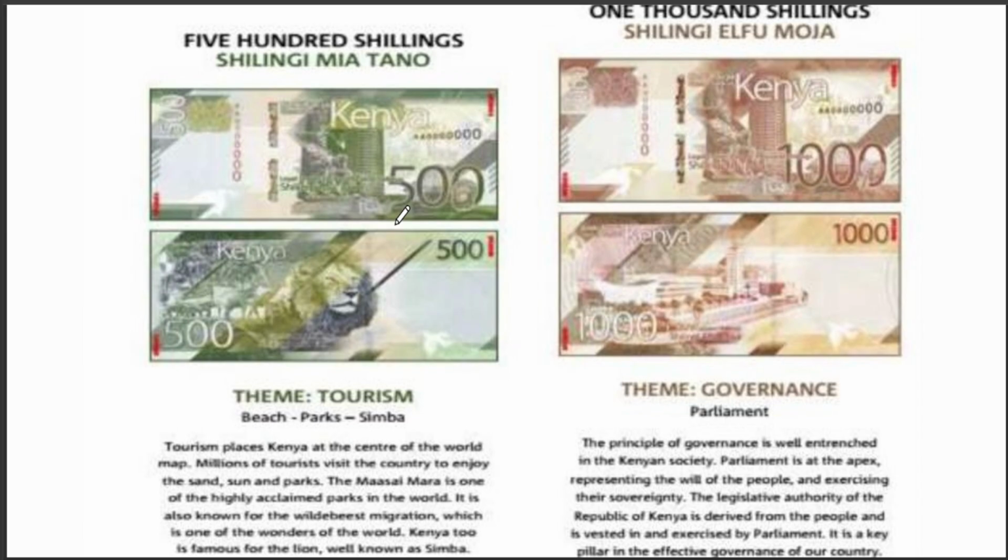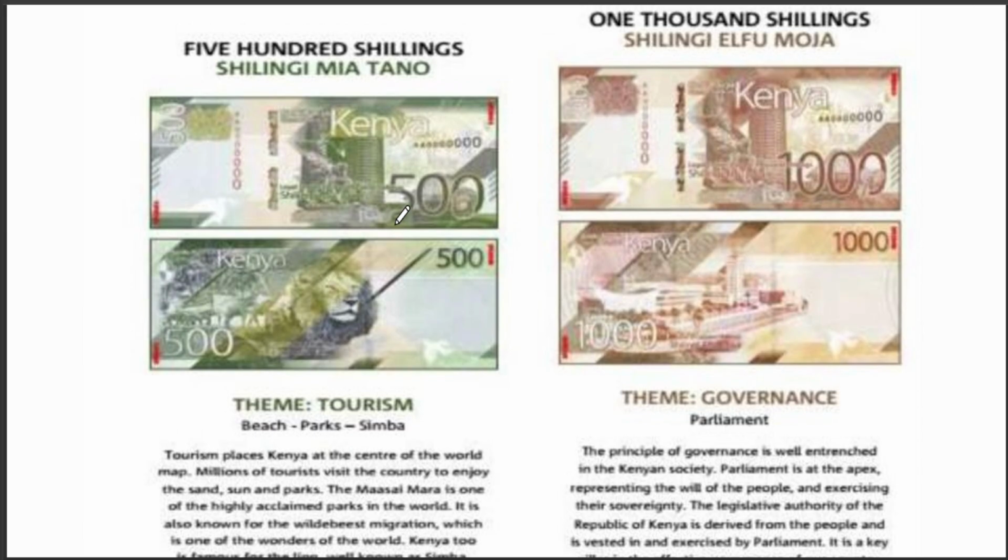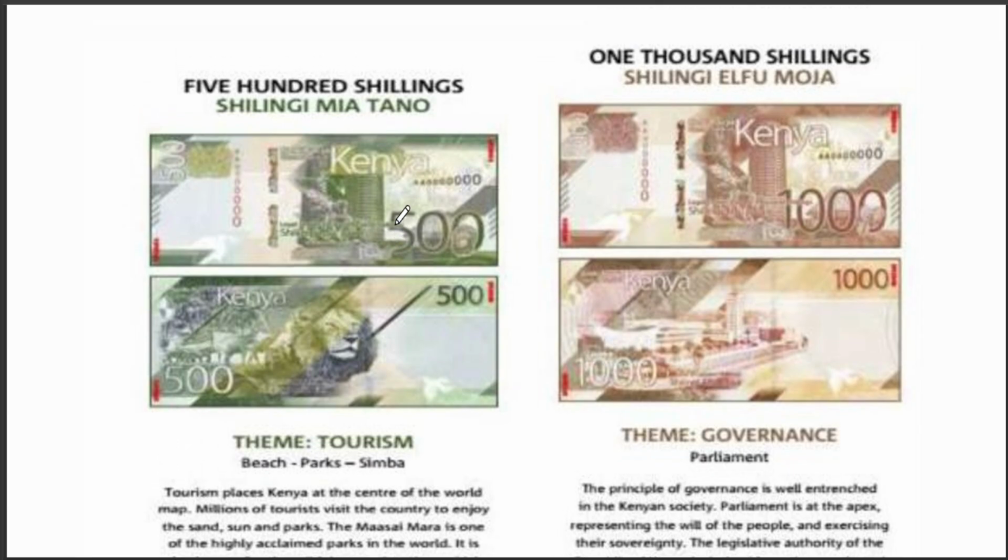So it's because the parliament is at the apex, which represents the will of the people. Ndo maana parliament ikaekwa hapo. So yeah, I think that is something that you guys know today, and hopefully you get educated a lot in these slides that are usually coming right now.